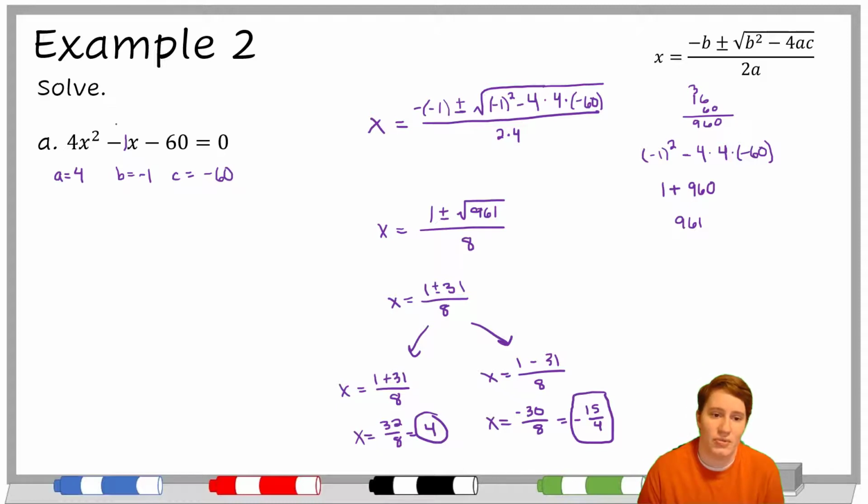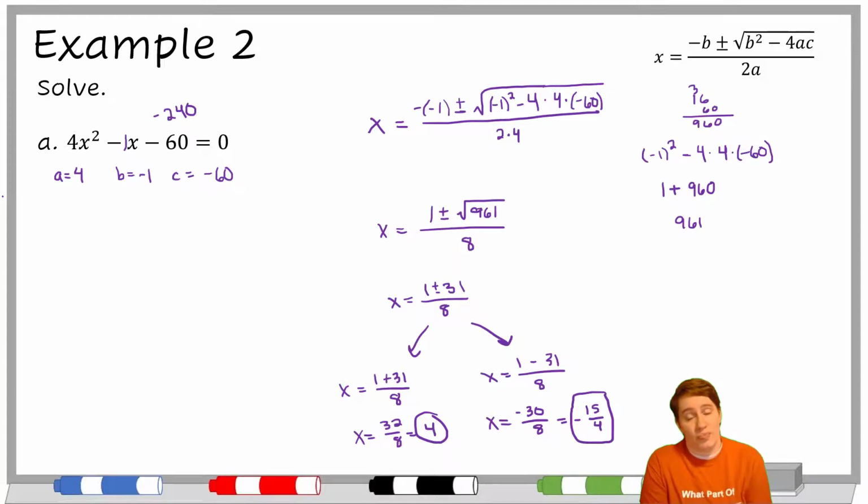For this one, if we were trying to do that, our key thing would be doing 4 times negative 60 and getting negative 240 and trying to figure out, is there something that multiplies to get negative 240 that adds to get negative 1? Now, I like doing math in my head, but I'm not super excited about the idea of figuring out the factors of negative 240 that subtract to give us negative 1, because if I make a strategic list starting with 1, it's going to be the very last one I come up with.